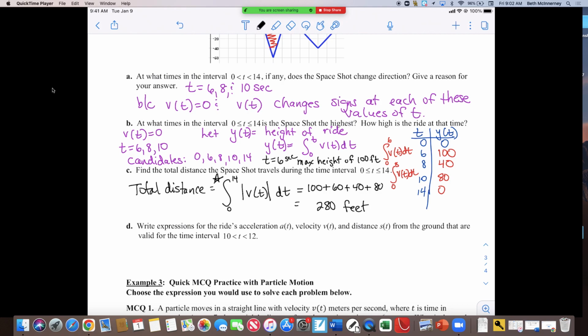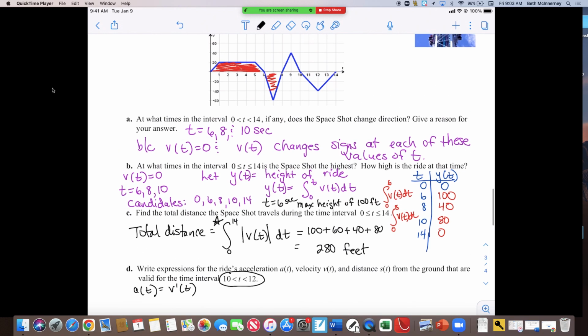Now letter D, write an expression for the ride's acceleration. Well, isn't acceleration the derivative of the velocity? Now this is also asking me for acceleration, velocity, and distance for the time interval from 10 to 12. So I don't have an equation.